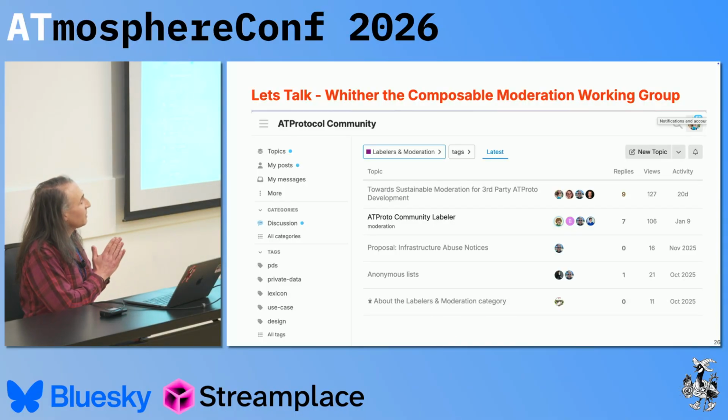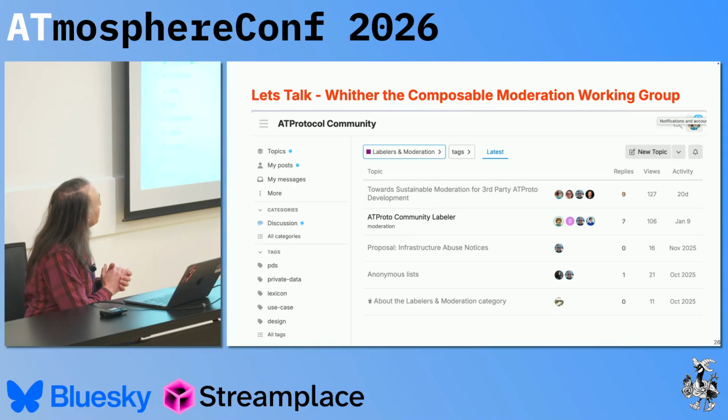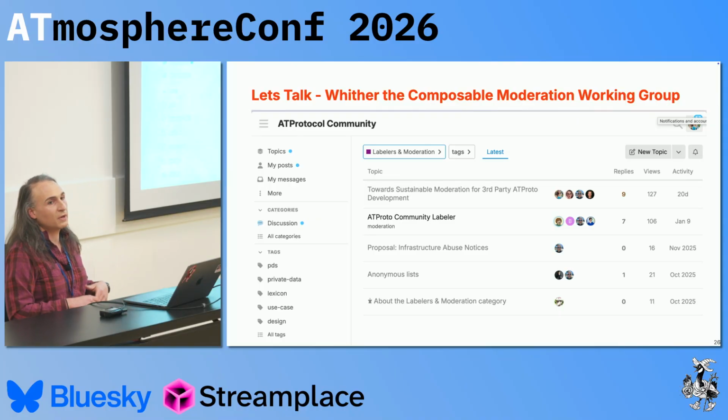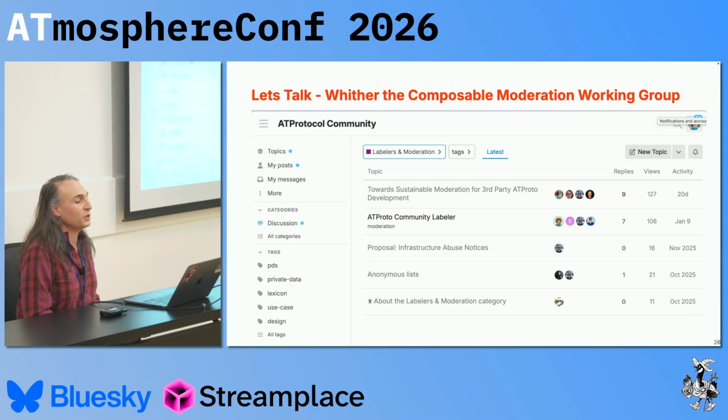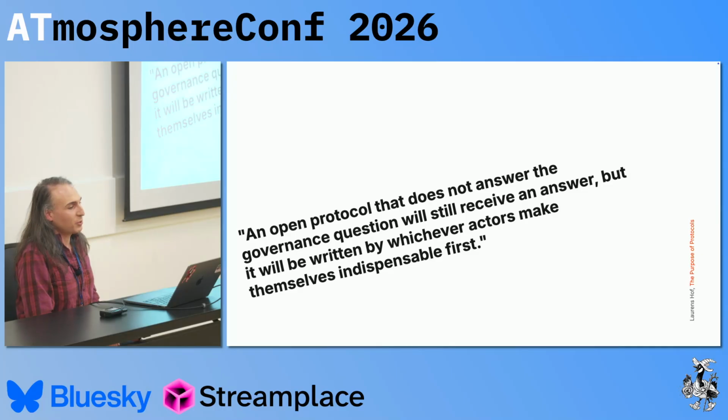So I would like to encourage people to come to the discourse and start discussions there and move us towards a composable moderation working group so we can set some standards and have some of these discussions. And I just want to wrap up with this quote from Lawrence in a recent piece. An open protocol that does not answer the governance question will still receive an answer, yet it will be written by whichever actors make themselves indispensable first.